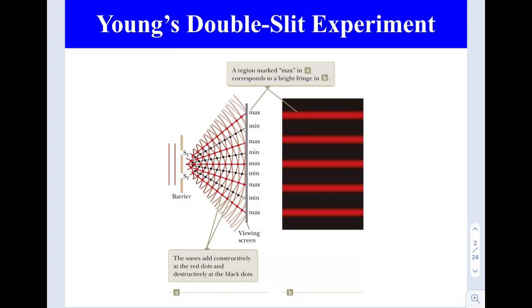Then the wave is diffracted, coming out from slit 1 and also from S2. Bear in mind that the wave leaving S1 is in phase with the wave leaving S2 because they originate from one single wave, the same wave.